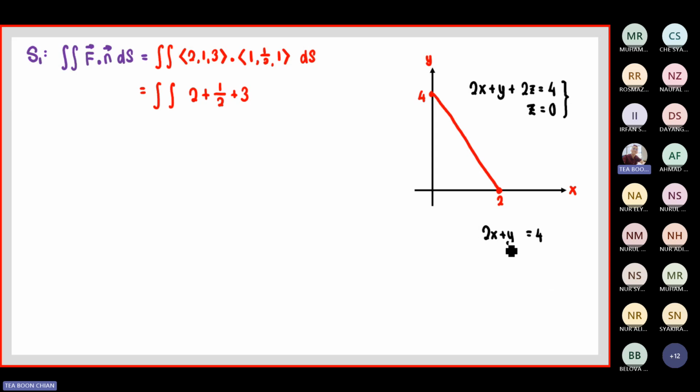Now, this is a straight line equation. Depending on which one you want, if I choose y equals 4 minus 2x, this is the straight line equation obtained when you substitute z equals 0 into the plane equation. Rearranging, I have y equals 4 minus 2x, which means I can consider using dy dx in my integral.